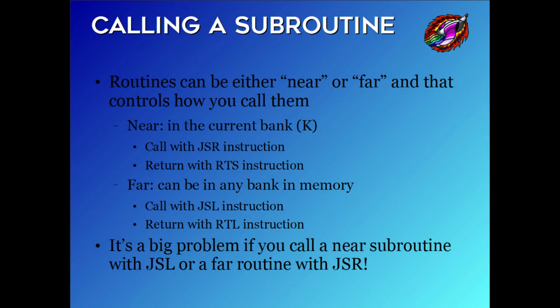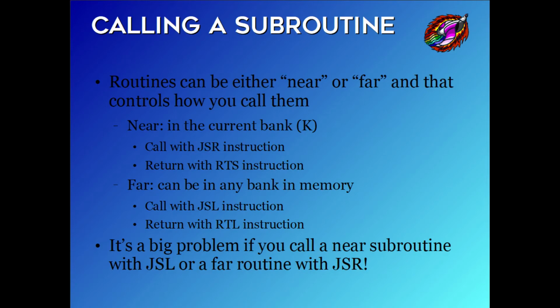And the reason this is important is that these two different types of subroutines are called by different instructions. A near subroutine is called with the JSR instruction, which takes the address of the subroutine to be called as the operand.